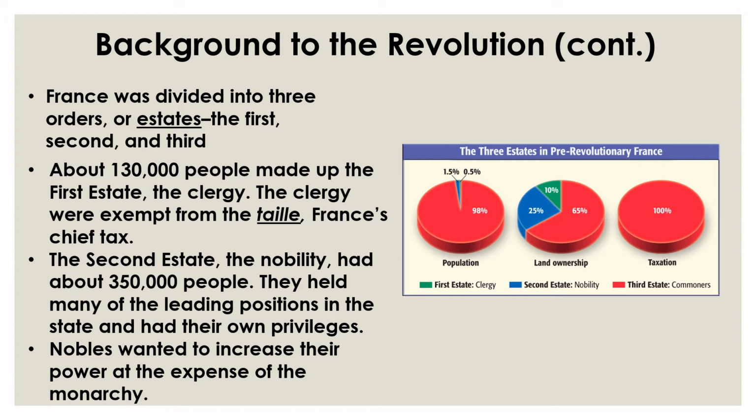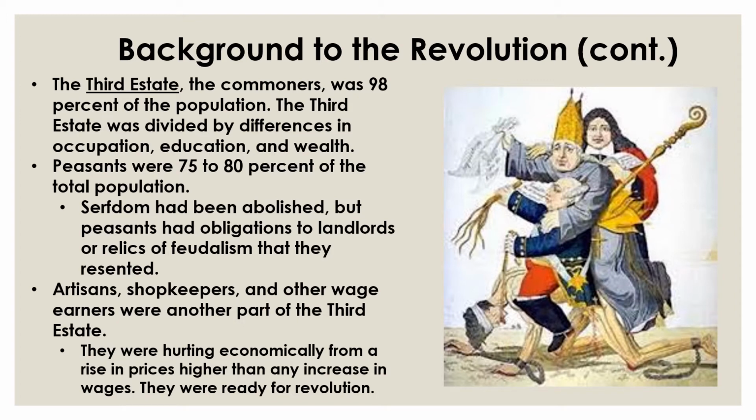Now on to the next slide to learn about the next class. The third estate were the commoners, and this was basically 98% of the entire population of France. The third estate was actually divided up itself by differences in occupation, education, and wealth.